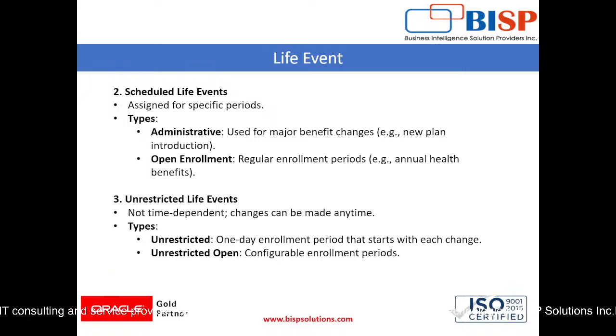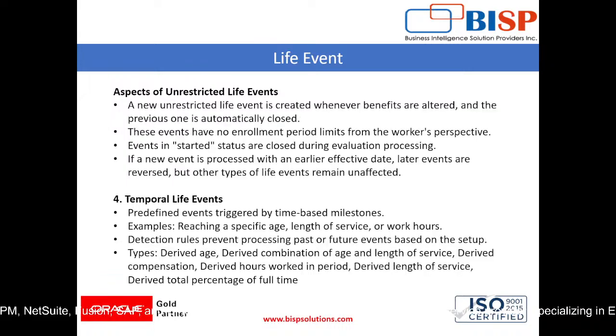Then the types are unrestricted and unrestricted open. Unrestricted has a one day enrollment period that starts with each change. Unrestricted open has a configurable enrollment period. These aspects are common in both unrestricted and unrestricted open life events.